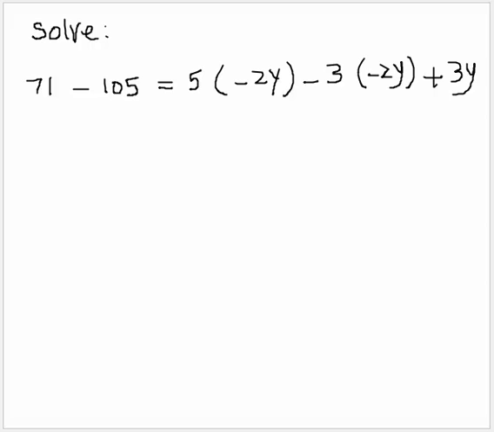So in this case, we need to isolate the variable y.